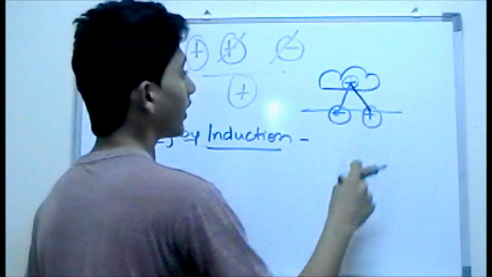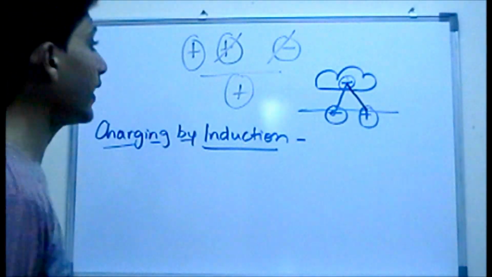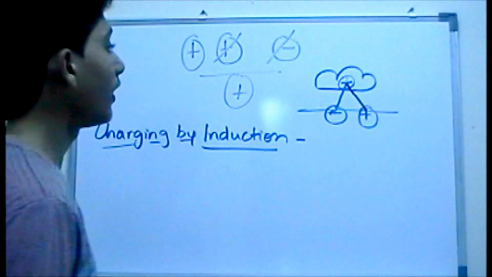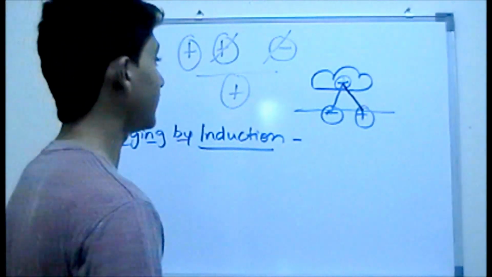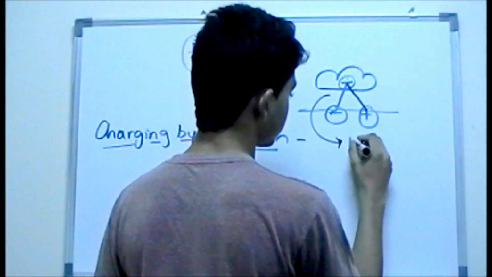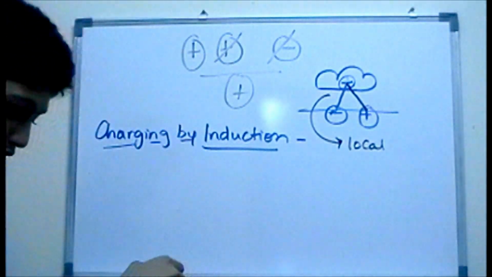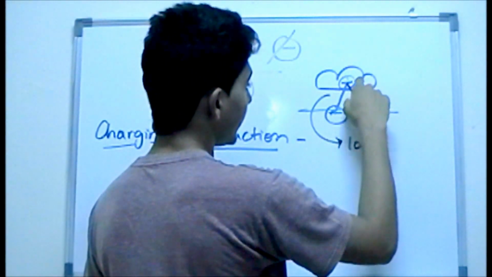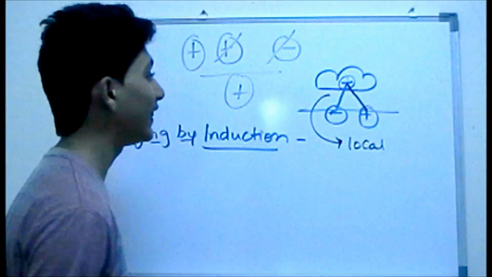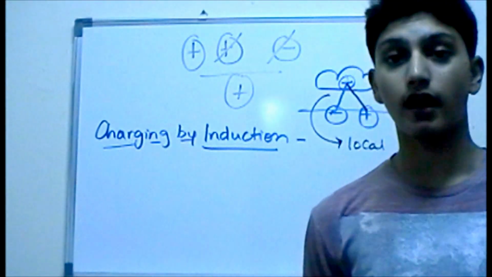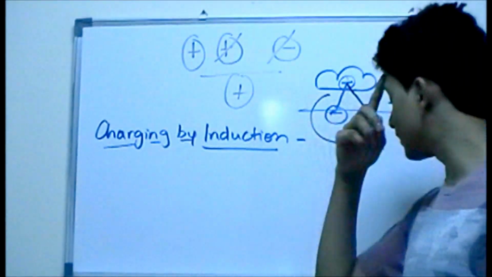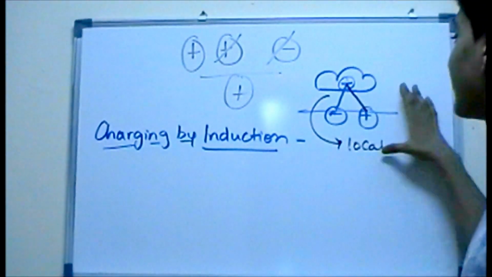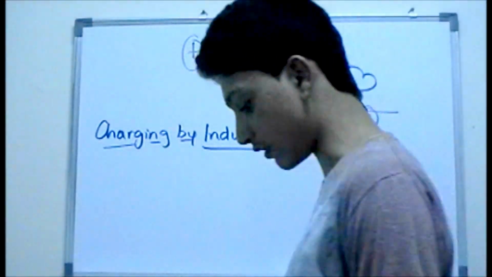The negative particle attracts the positive particle and repels the negative particle, and when electron repels electron, the result is lightning. After the process is over, the lightning strikes. That is charging by induction.